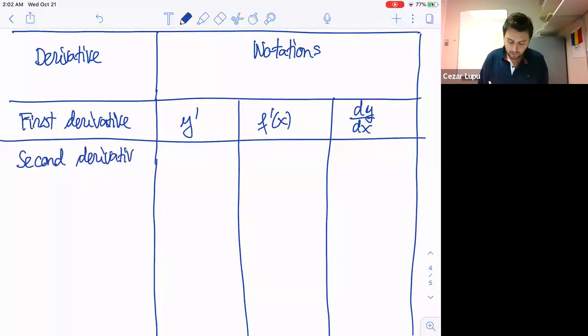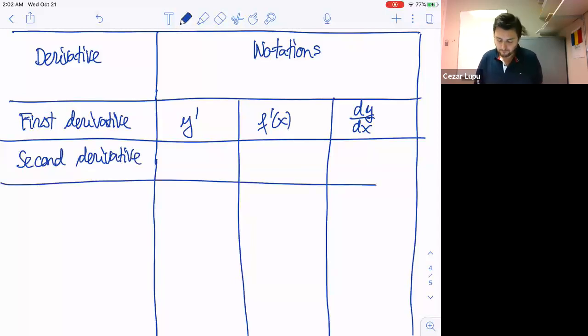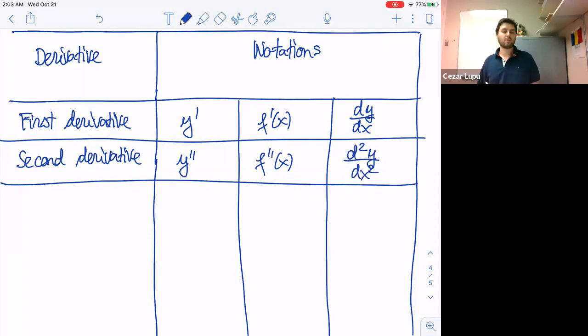Now the second derivative we will denote in this way. We will write this as y prime prime, which is y second prime, or you can write f second prime of x, or, since we compute the derivative twice of the function y with respect to x, we write d squared y over dx squared. Keep in mind that here we have y prime prime.